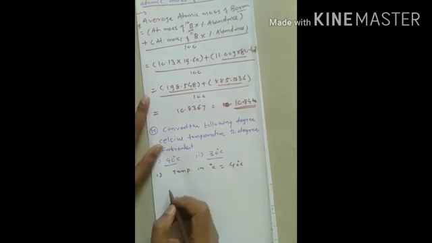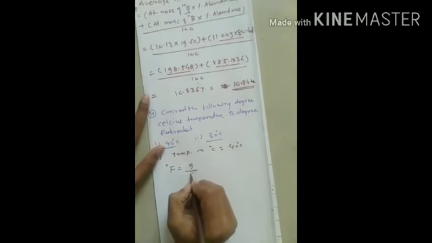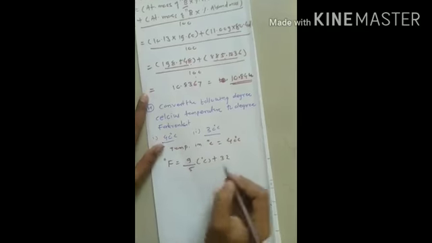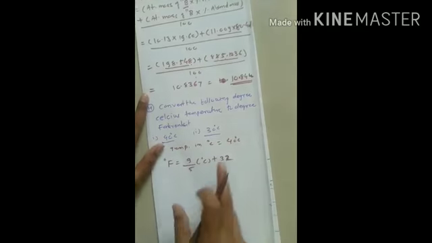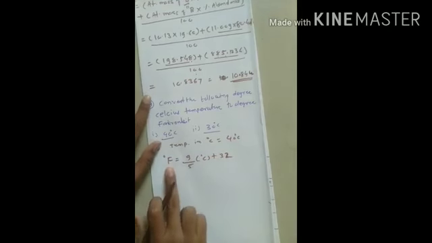To calculate the temperature in Fahrenheit we use this formula: degree Fahrenheit equals 9/5 into degree centigrade plus 32. We just put the value of degree centigrade in this formula and we get the answer in degree Fahrenheit.